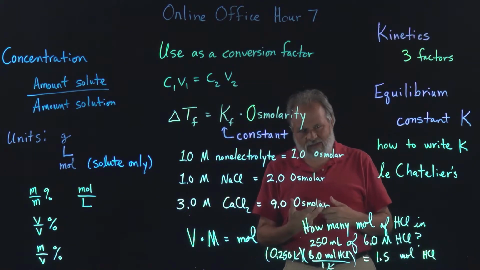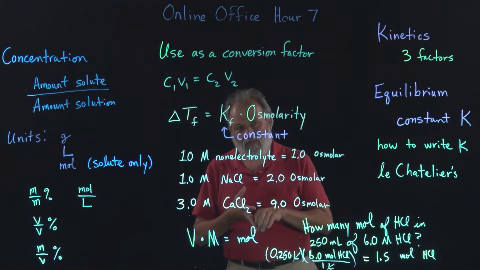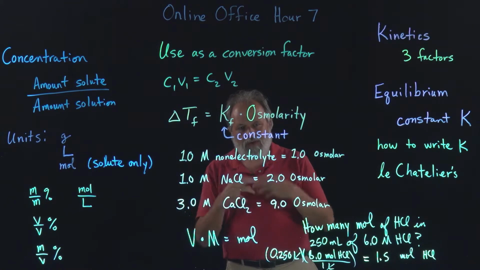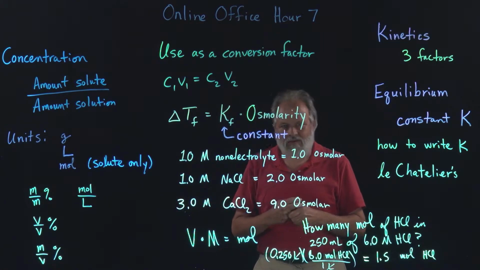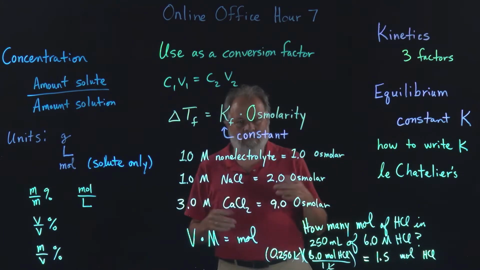So temperature affects the rates of reaction. Another factor is concentration. The more concentrated the solutions are, the more frequently collisions occur between the things that are going to react, and the faster the reaction will be. And then the last thing is something called a catalyst.